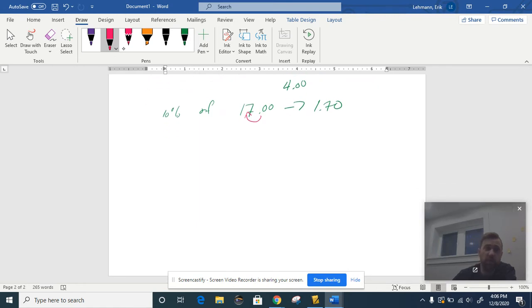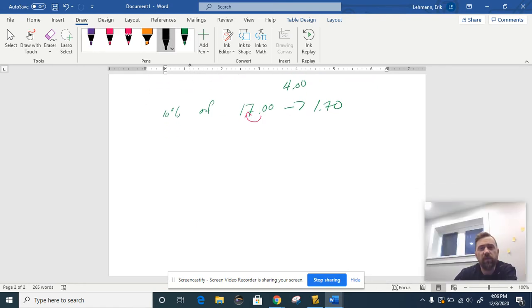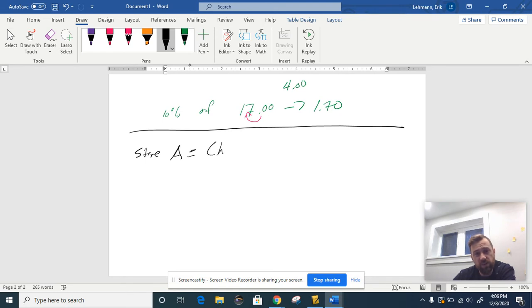Want to write one more example out for you. So imagine you went to the store and you're looking at a couple of items and you're trying to figure out what is the better deal. So store A, let's say that is Canadian Tire. Canadian Tire has a Christmas tree for $119.99 minus 30%.